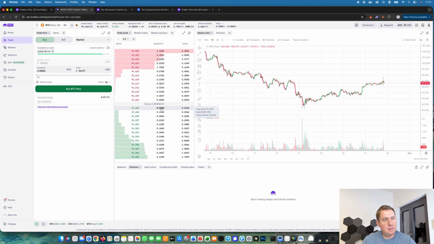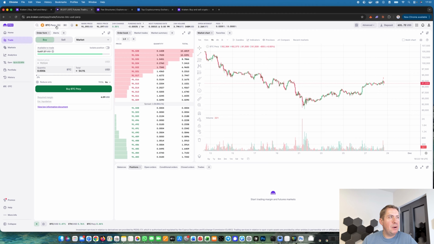So if you would buy 1 BTC, for example, with a market order here, it would move your price quite a bit. And that's even worse when it comes to smaller cryptocurrencies. So you really have to be careful if you are investing higher amounts into illiquid cryptocurrencies.